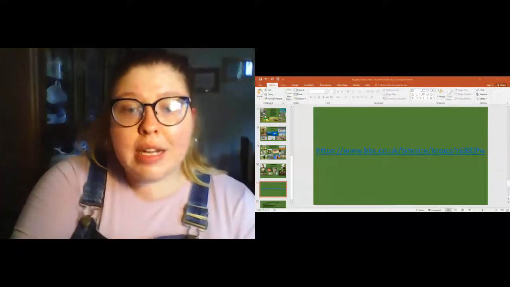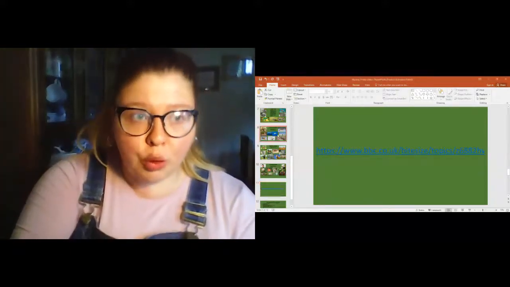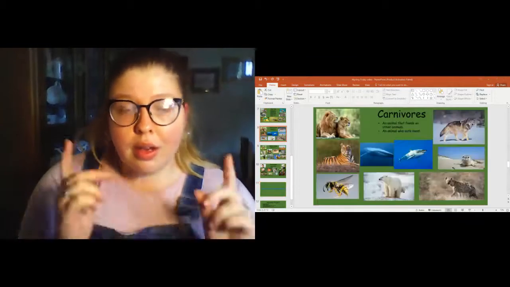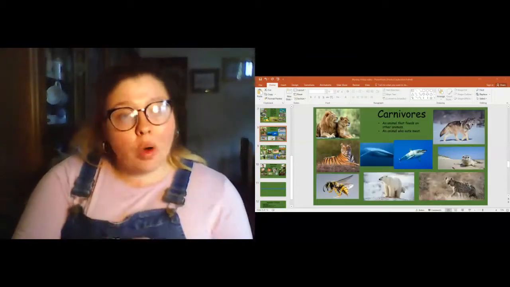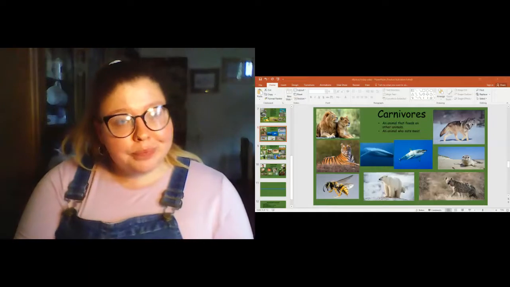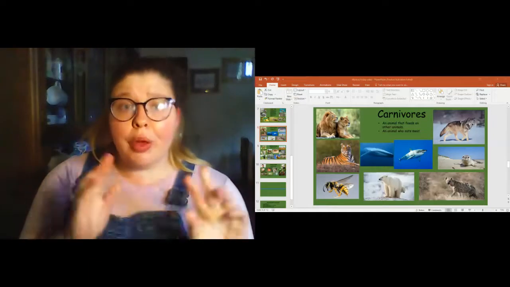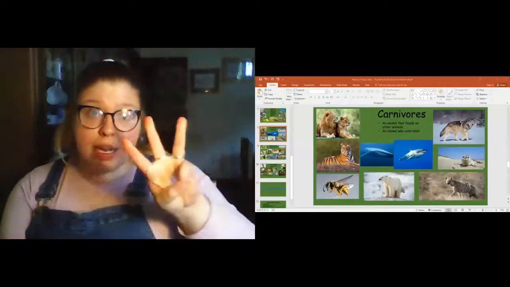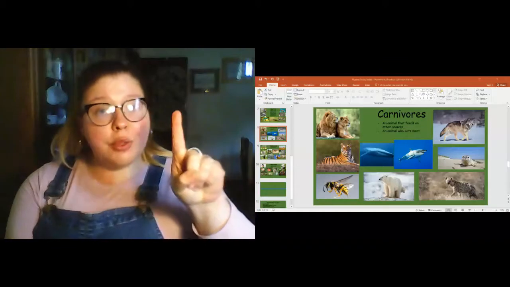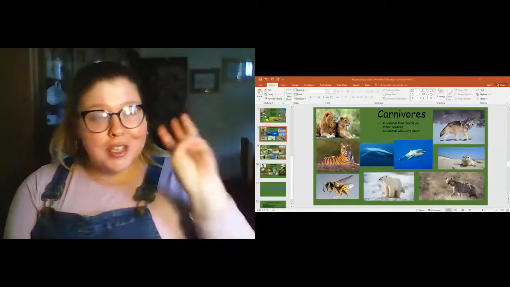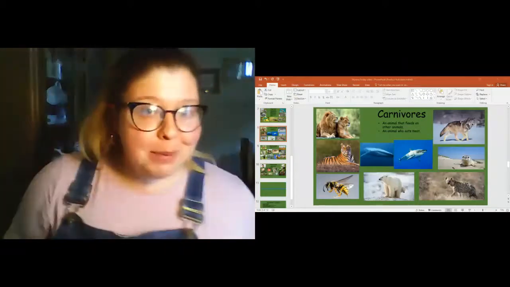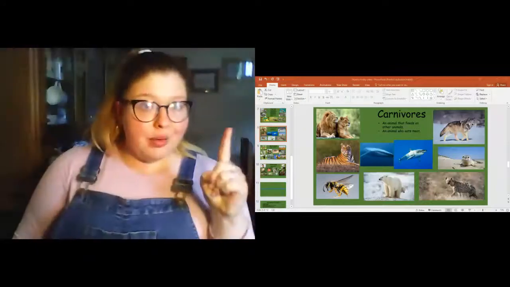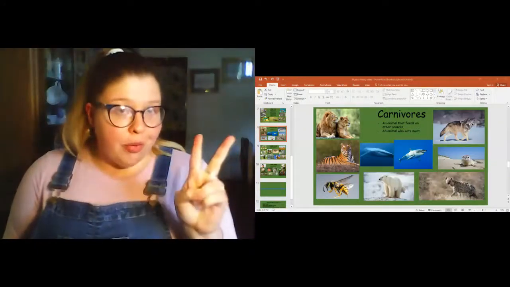So the next way we can group animals is by what they eat. Okay, so we group animals into 3 other groups, which is carnivores, herbivores, and omnivores. And I'm going to explain the difference between carnivores, herbivores, and omnivores.